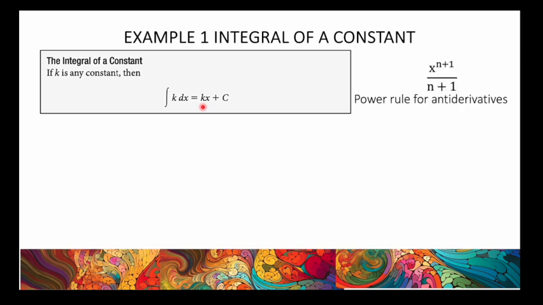So now what we're going to do is work in reverse. Instead of multiplying and then subtracting 1, we're going to work backwards. We're going to add 1, and then we're going to divide. So when we use the power rule when we're finding an antiderivative, we're going to add 1 and then divide by that same exponent.